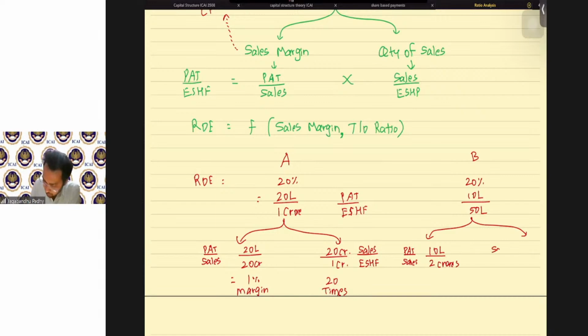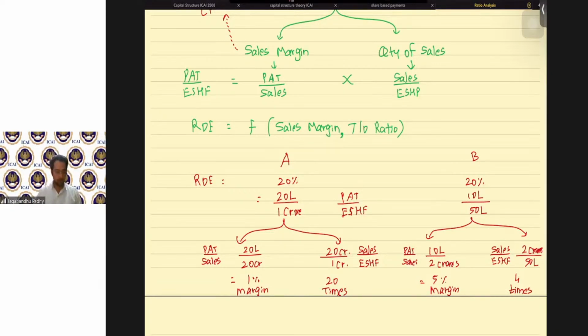And when we look at the other aspect, sales upon equity shareholders fund, sales is 2 crores on an equity share capital of 50 lakh. So here the margin is 5%, whereas the turnover is 4 times.